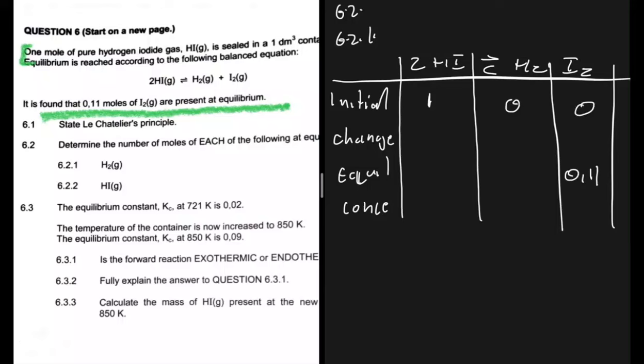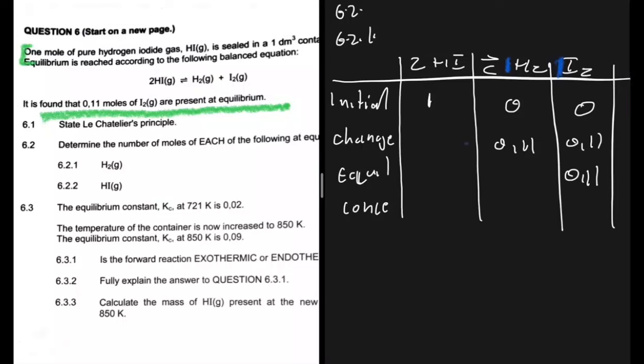So it means that the change of I2 is plus 0.11. Yeah, so we have 0.11 here. And then that is the change in the number of moles of I2. But then the change in the number of moles of I2 is the same as the change in the number of moles of H2, right? So we can put 0.11 here. We're saying that they're the same because we have the same balancing coefficient.